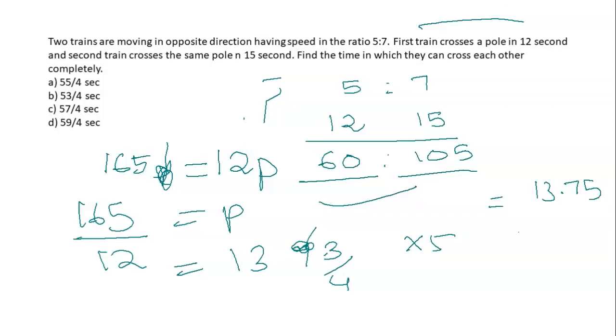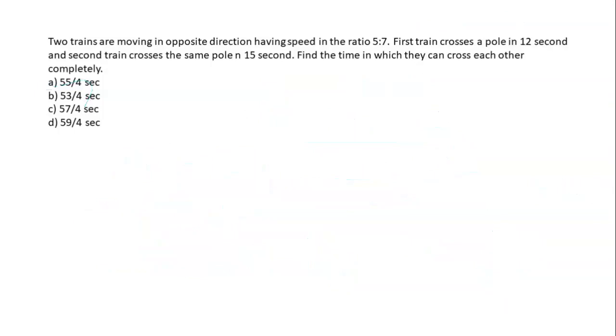When you reduce it, it comes to 55 by 4, which is 13.75. Maybe I made a mistake here. So the ratio is 5 is to 7 for the speed, and they take 12 seconds and 15 seconds.